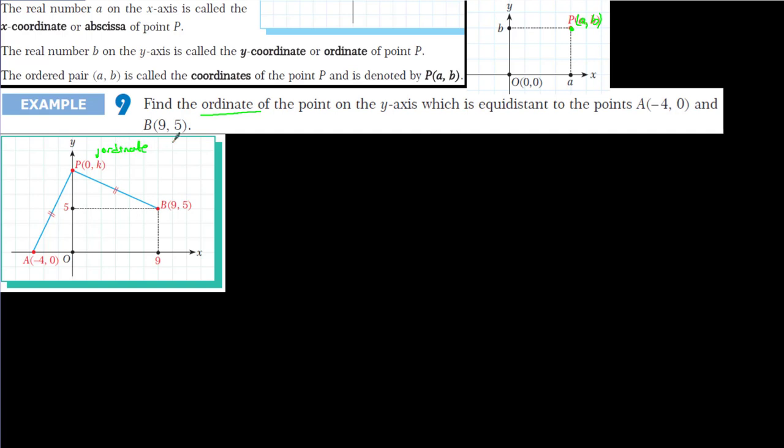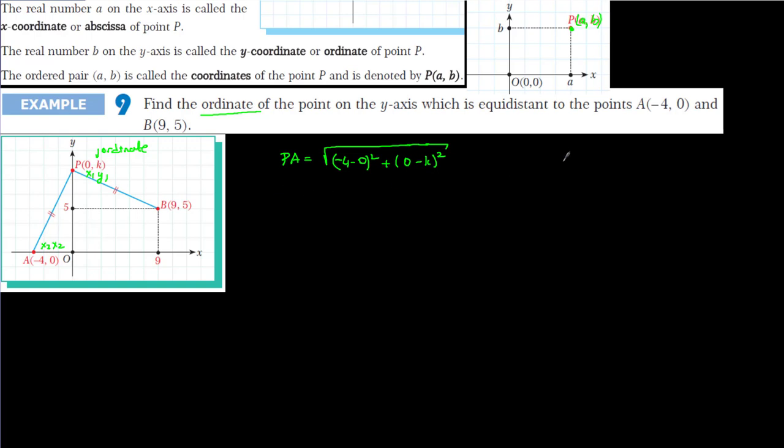Okay, now we are going to find the, like this is the previous question. It is similar to the previous one, only here the distances are not given. So PA should be equal to square root of, if you name this as x1 and y1, this is going to be x2 and y2, which is (minus 4 minus 0) square plus (0 minus k) square.